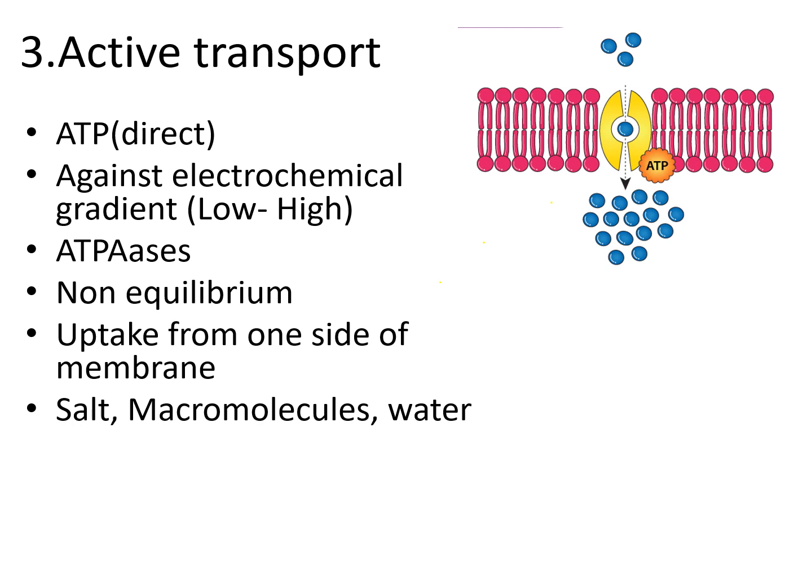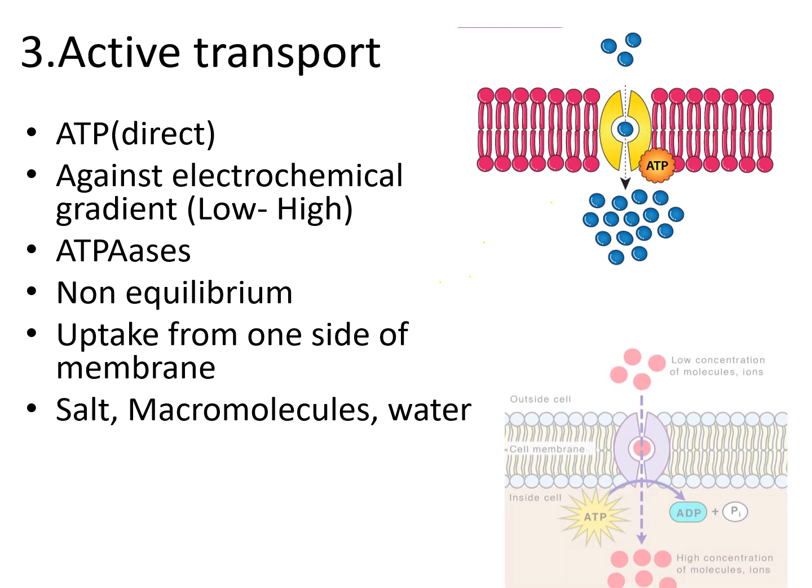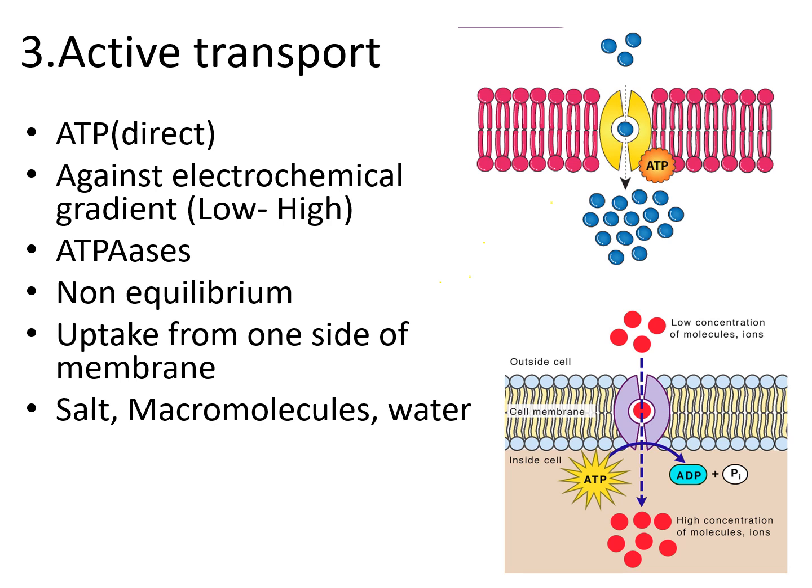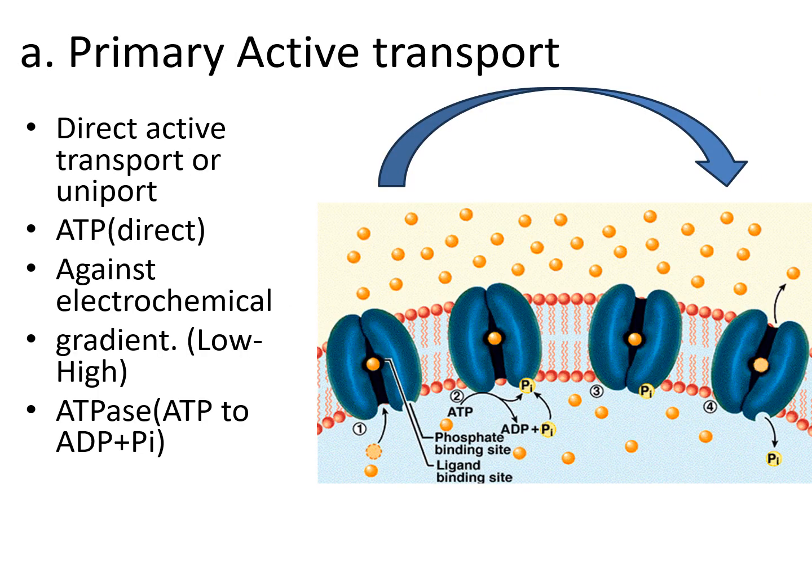What happens in this type of transport is that an enzyme helps to transport certain molecules and ions from an area of lower concentration towards an area of higher concentration. What does this enzyme do?